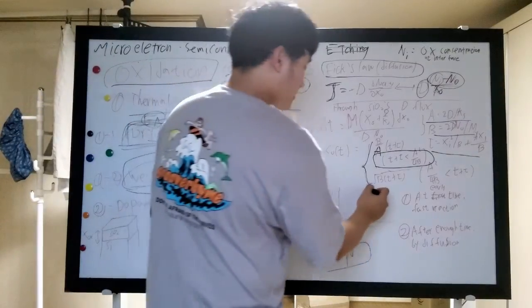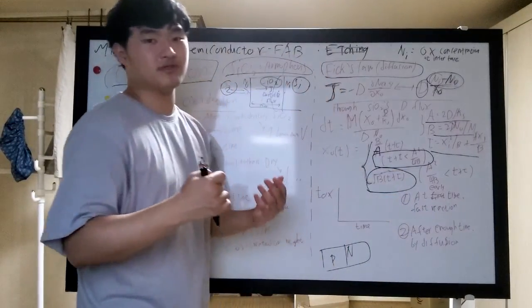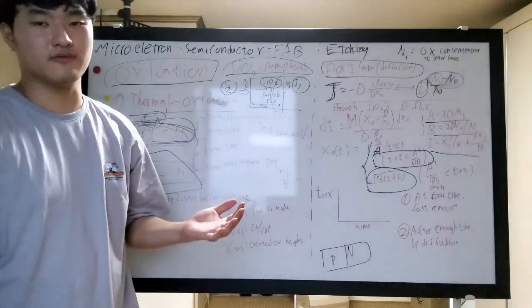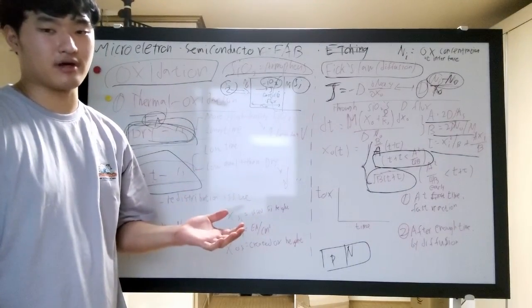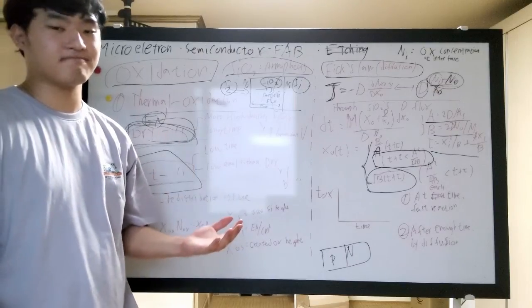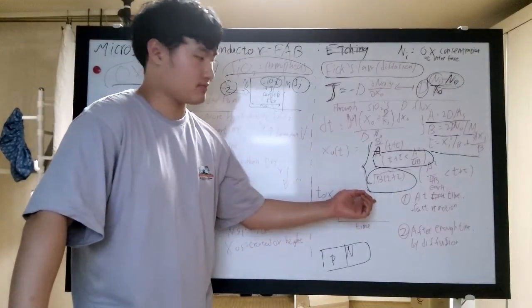And secondly, if enough time has passed, then the diffusion coefficient will decide how the oxidation process makes the dioxide length longer over time.